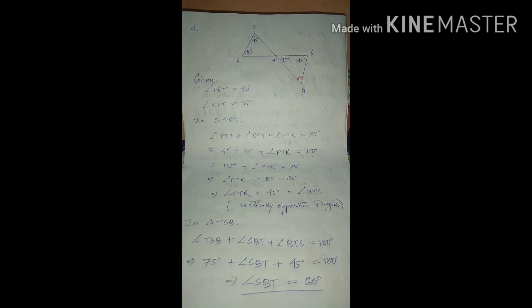In our next class, we will complete the lines and angles chapter, where only two questions remain, question number 5 and 6, and we also have to do some revision from this lines and angles chapter. Is it clear? So your task is to complete the examples related to this 6.3, and whatever first four questions we have done here, you have to practice again. Is it clear? Okay, thank you.